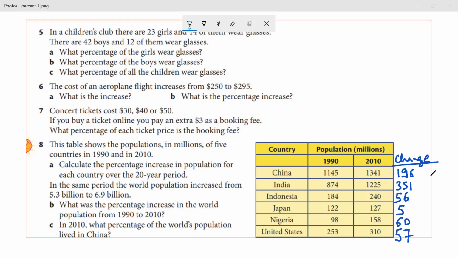Sarthak, have you understood? Yes, sir. So this is the change that I've calculated.